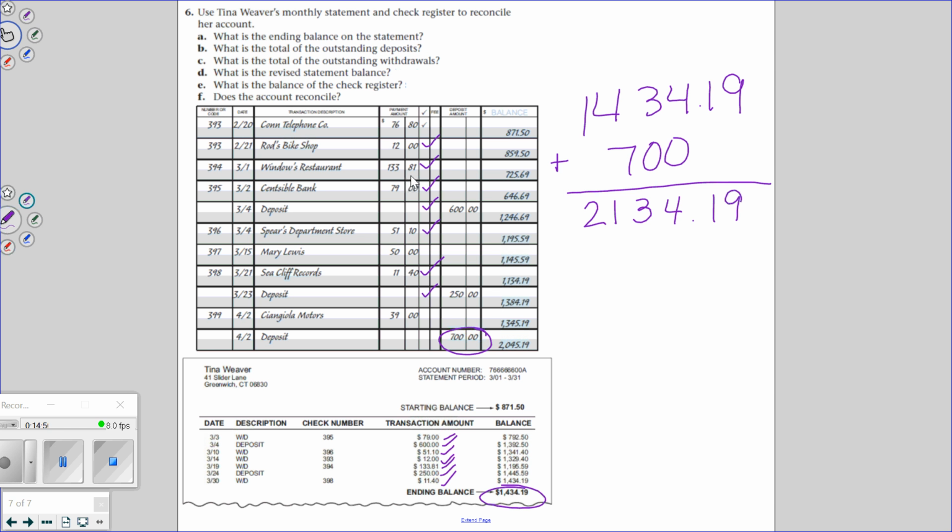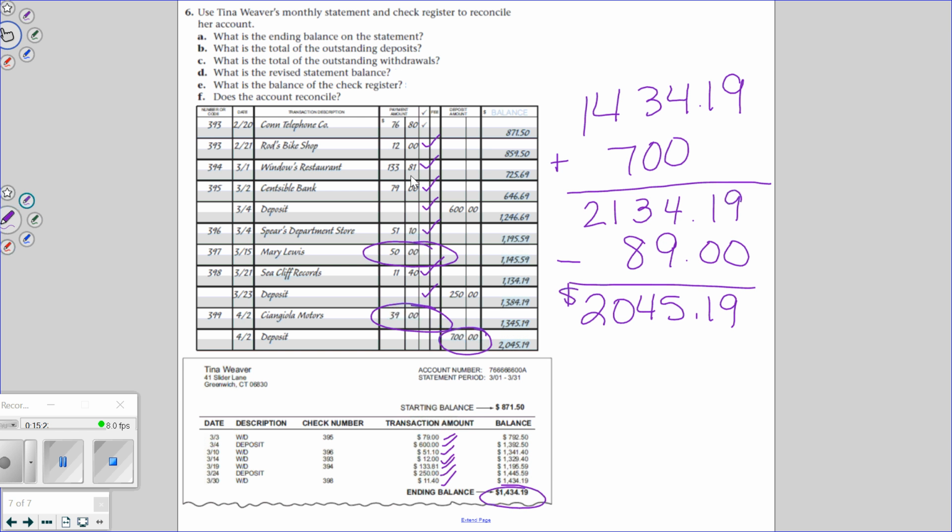And then what about outstanding withdrawals? Do you have many? We had a 50 and a 39, so 89. So we're going to subtract out the 89. So we're at 2,045.19.